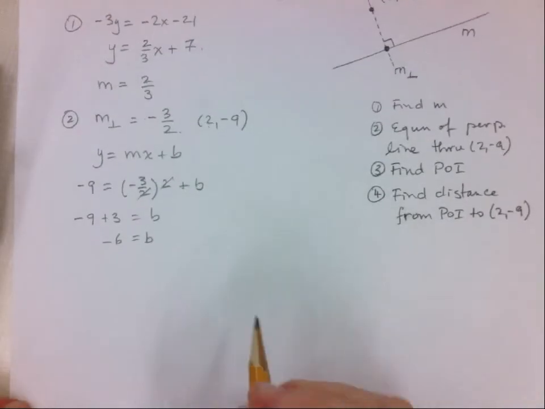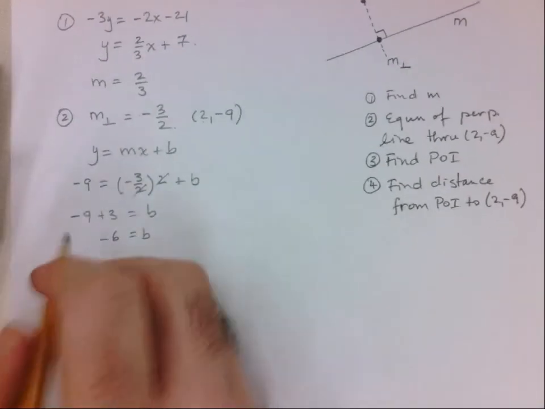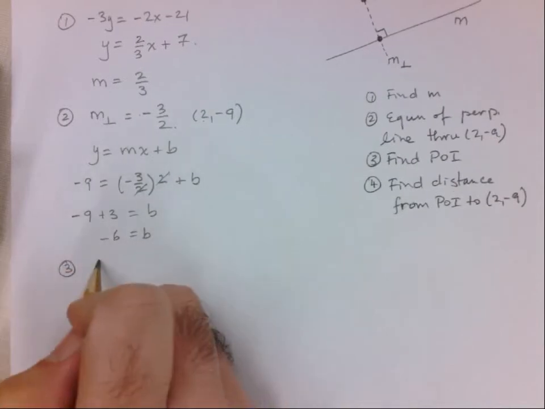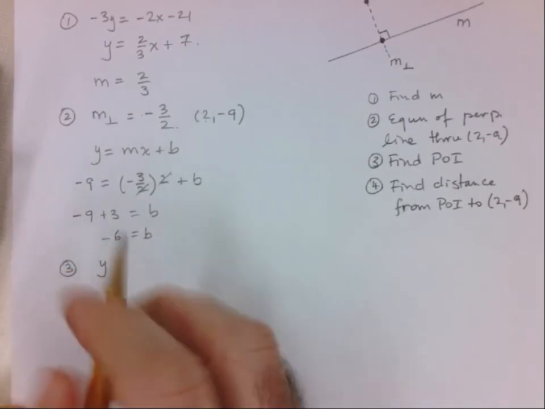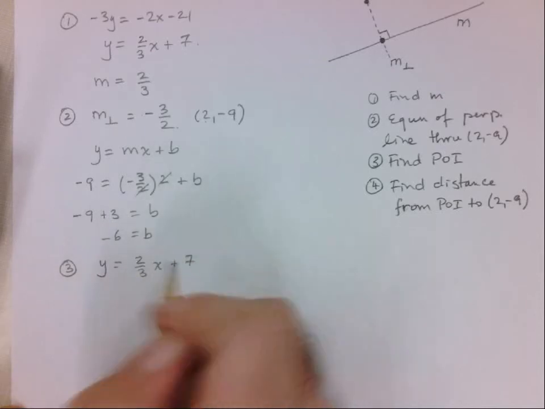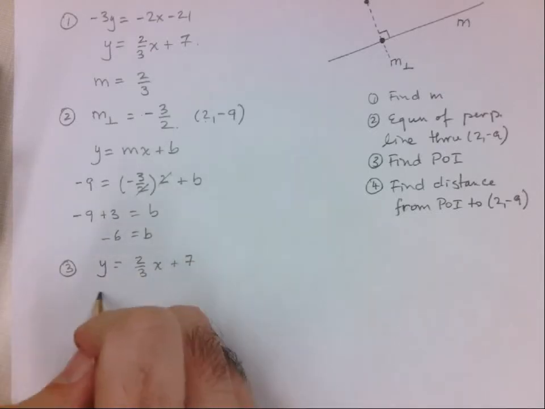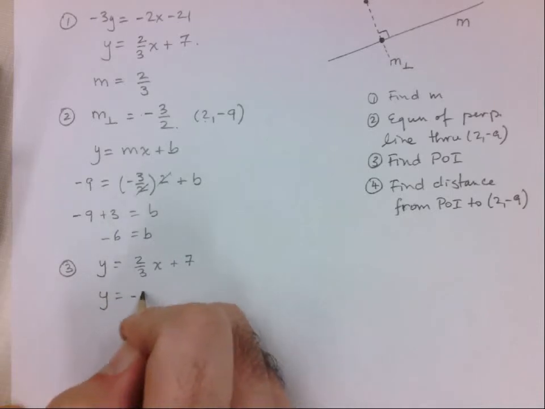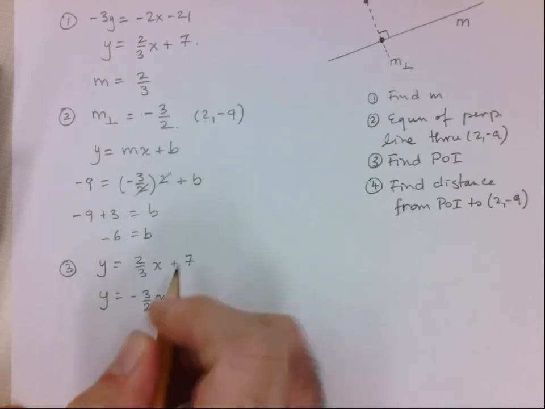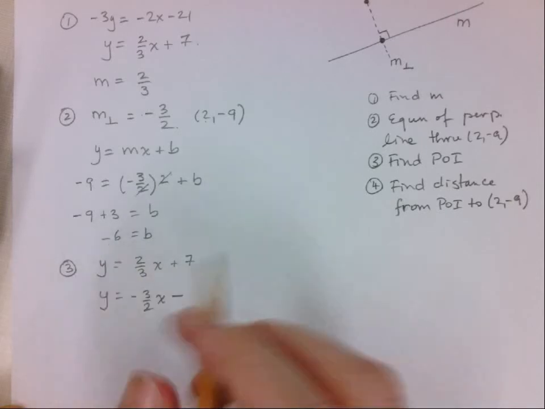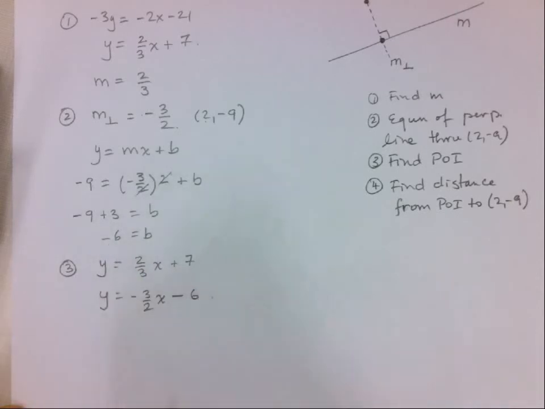Okay, and now we can set up our system of equations to find the point of intersection. So here, step 3, we have our original equation, y equals 2/3 x plus 7. I'll just leave everything in slope-intercept form. And then we've got our perpendicular line, which is y equals negative 3/2 x, plus our y-intercept, so minus 6.